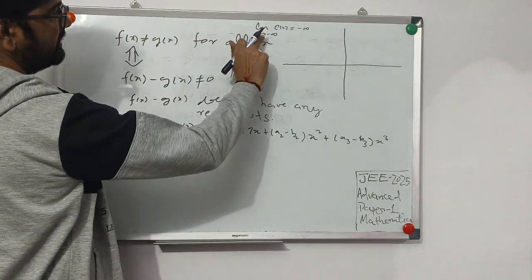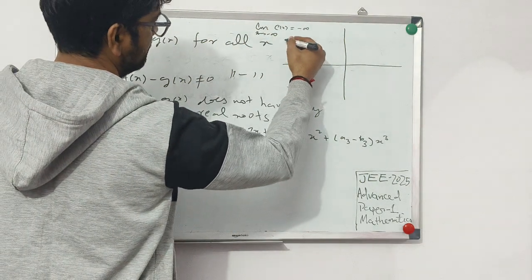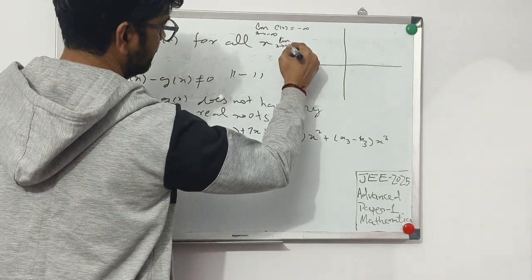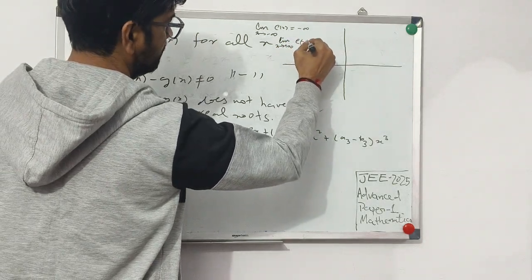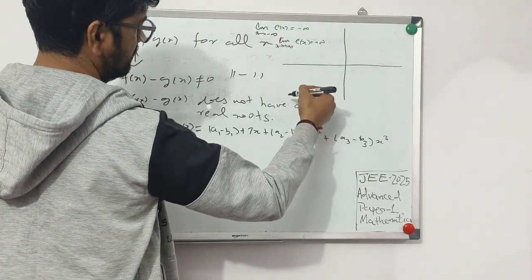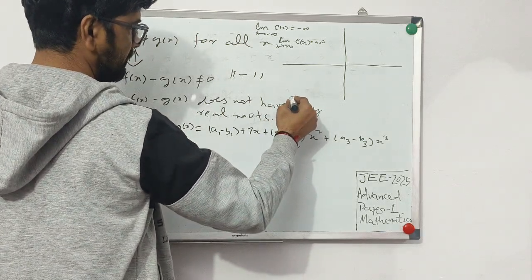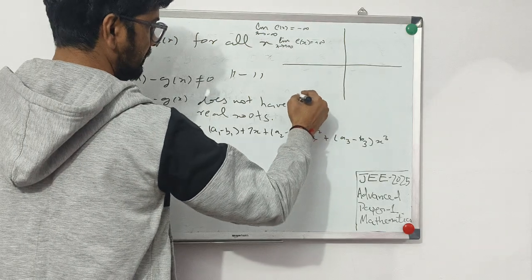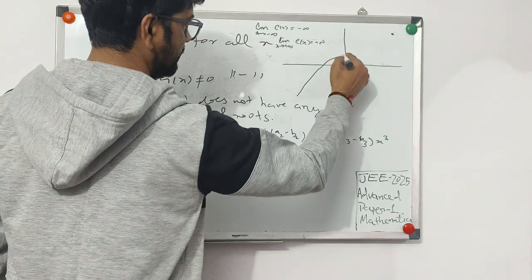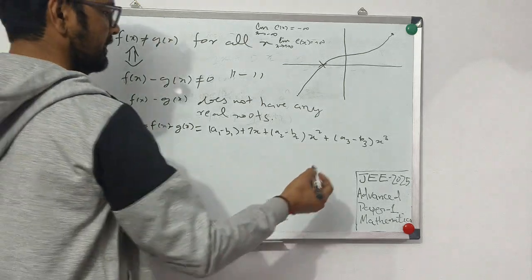So x tending to minus infinity will equal negative infinity, and the limit x tending to plus infinity will equal plus infinity. So for at least one x, the graph of e(x) will be below the x-axis, and for at least one x, the graph of e(x) will be above the x-axis. So it is guaranteed to cross somewhere, and it is guaranteed to have a real root. So this must be 0.